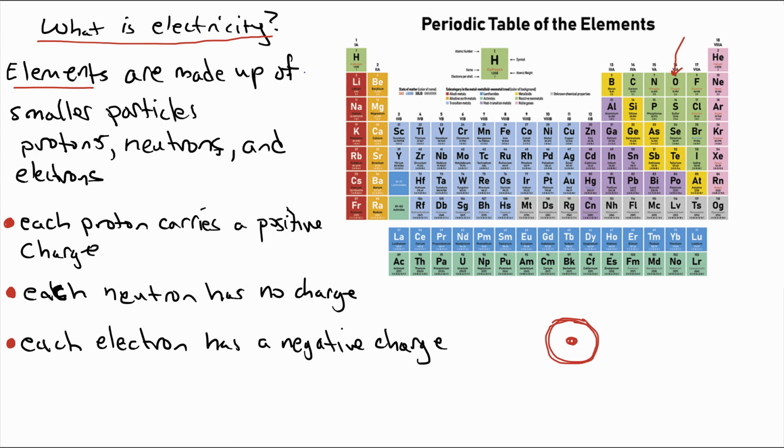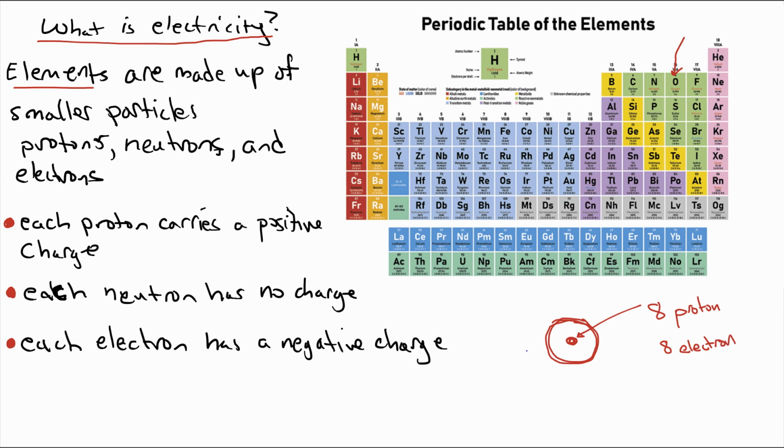Okay, so we have oxygen right here, and it's going to have 8 protons in the nucleus, and then 8 electrons around it.